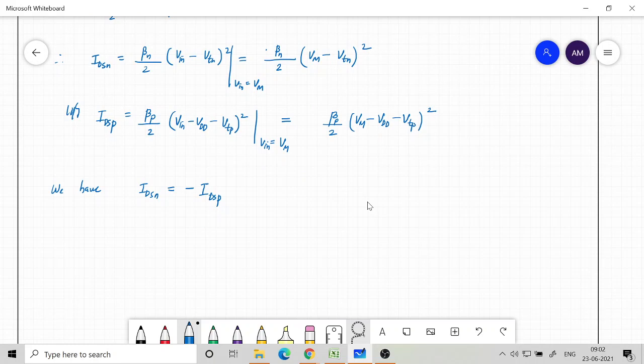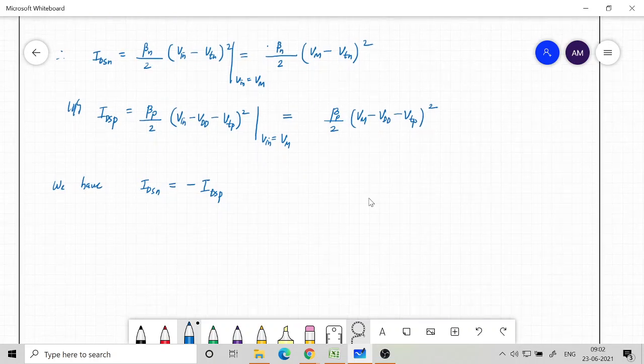So now we can substitute this expression for current, that is beta n divided by 2 times Vm minus Vtn the whole square, is equal to minus beta p by 2 times Vm minus VDD minus VTP the whole square. Now note that beta p is basically a negative number, but minus beta p is a positive number.